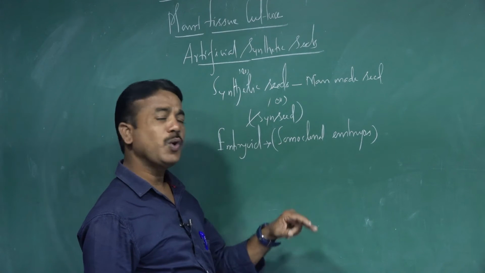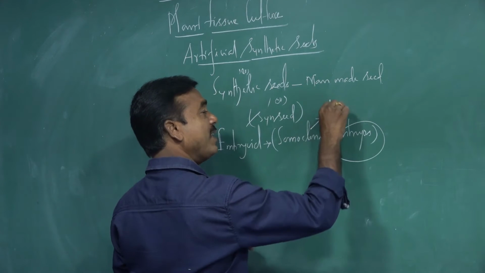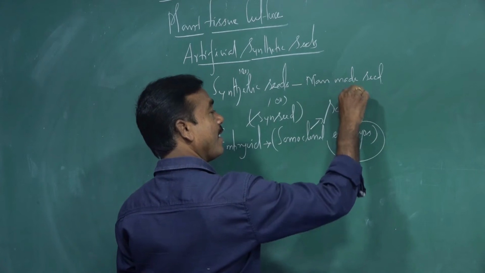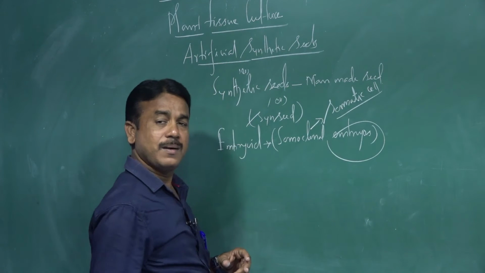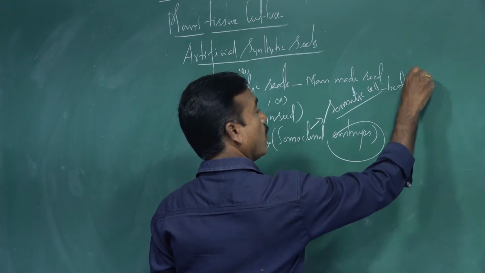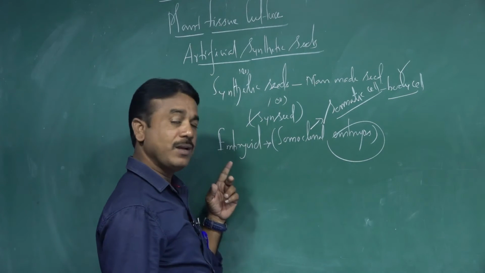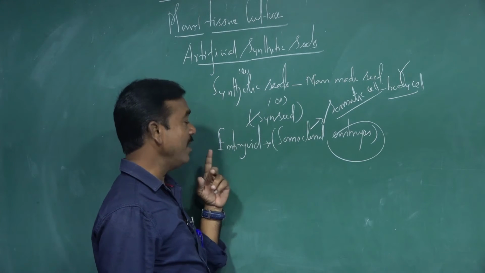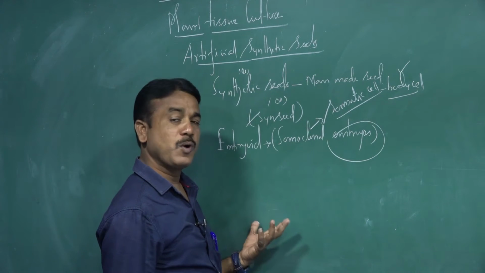What is a somaclonal embryo? An embryo derived from a somatic cell. What do you mean by somatic cell? Body cell. So body cells are also responsible for the formation of an embryo. Embryoids are also called somaclonal embryos.